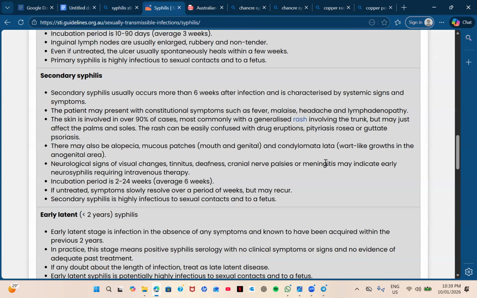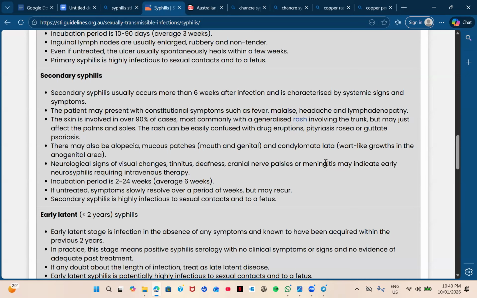Okay, I'll show two pictures. Give 1 minute. Okay.